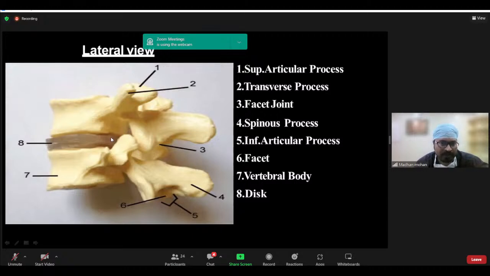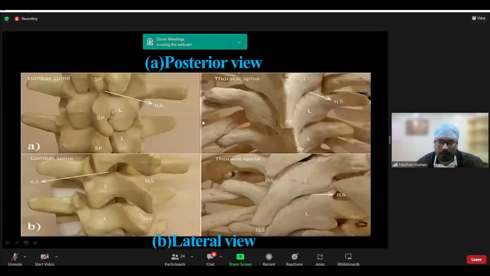Here the nerve roots will be emerging out. We are not bothered about this because we are not going to put our needle here for a central neuraxial blockade. So here you can see the interlaminar space. This is the diagonal view where you can see the space between two laminae. This is the lamina of the inferior vertebra, and exactly above that you can see the interlaminar space.